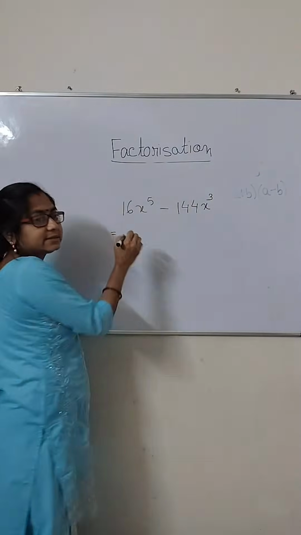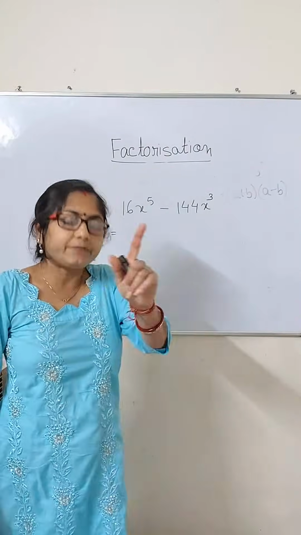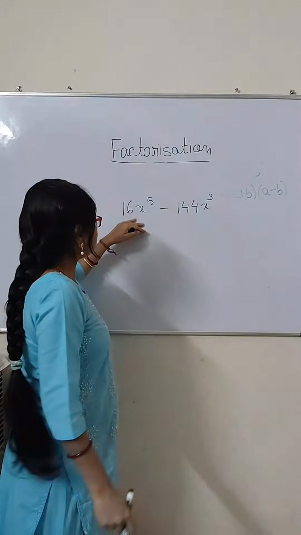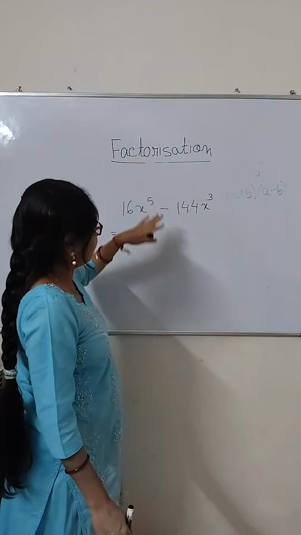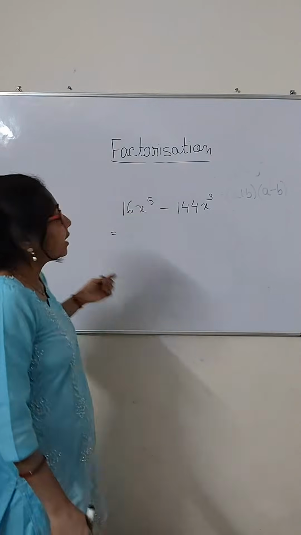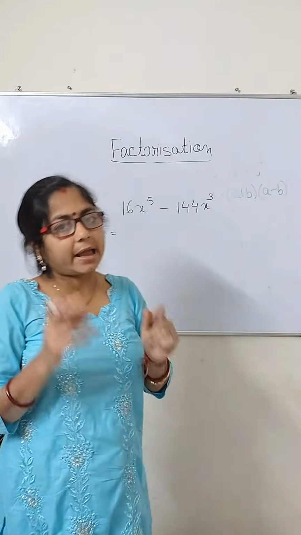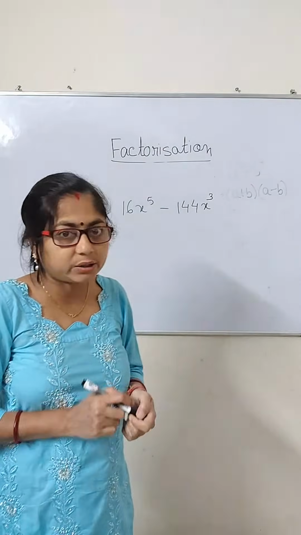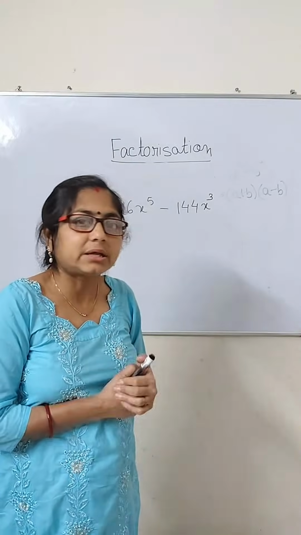Now it is your turn. I give you 1 minute's time. x to the power 16, x to the power 5 minus 144, x to the power 3. Now it is your turn. I give you 1 minute time. You complete your math. Write the answer in the chat box.